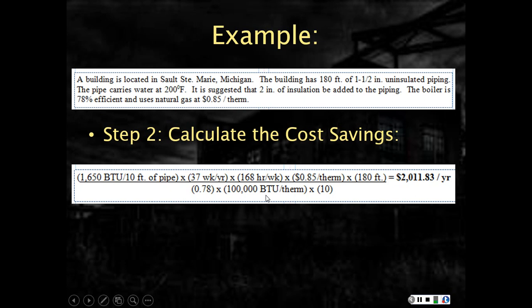In this case, a therm is 100,000 BTUs, divided by 10, because I had 180 feet. This is how much heat I'm changing per every 10 feet, so this number really needs to be divided by 10. Savings: $2,011.83.